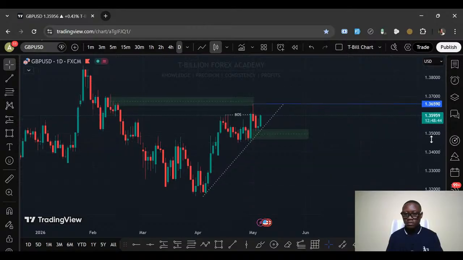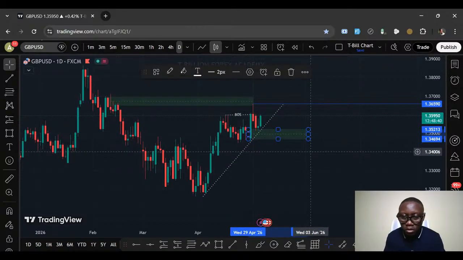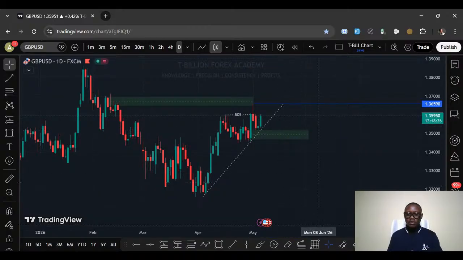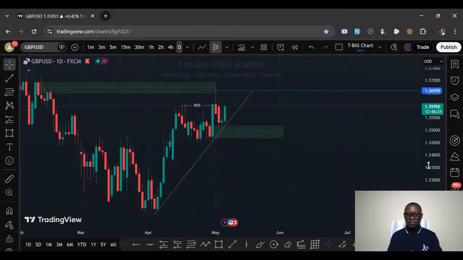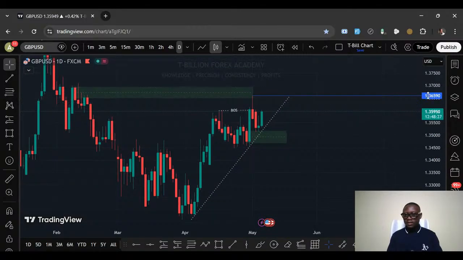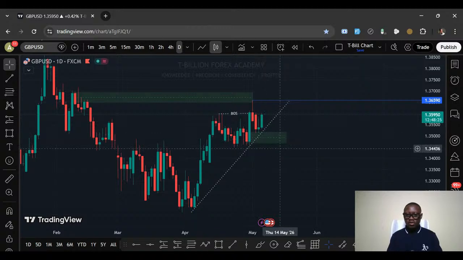So price tapped into this order block, and after tapping into the order block, we currently have this strong bullish move to the upside.